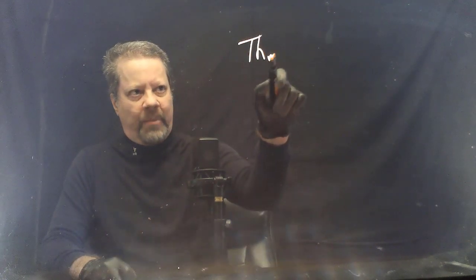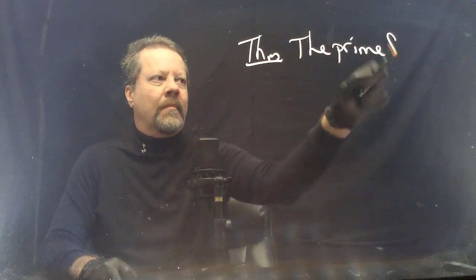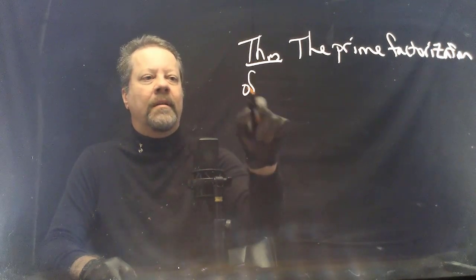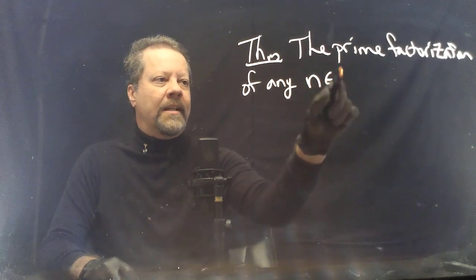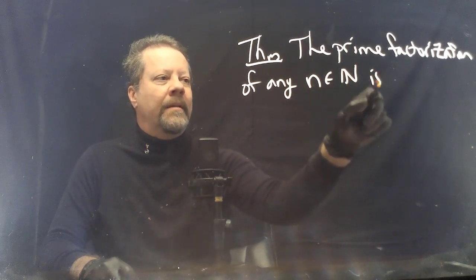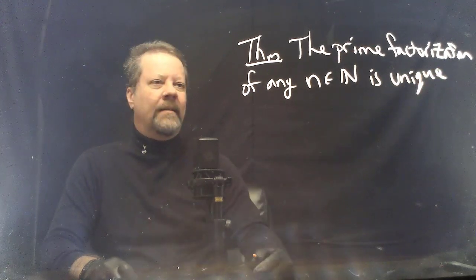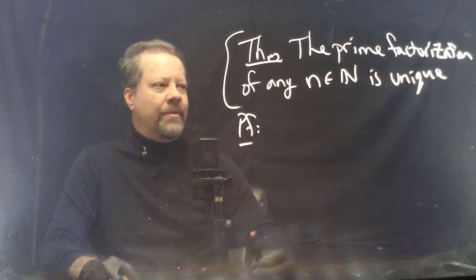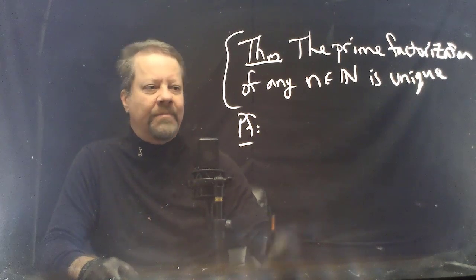We next give an important theorem. The prime factorization of any n in the set of natural numbers is unique. Like with many uniqueness proofs, you suppose that there are two ways of doing something and then show in fact that they are equal.